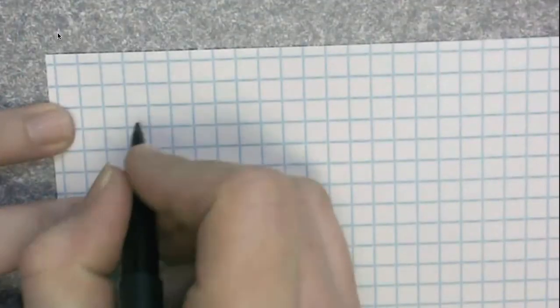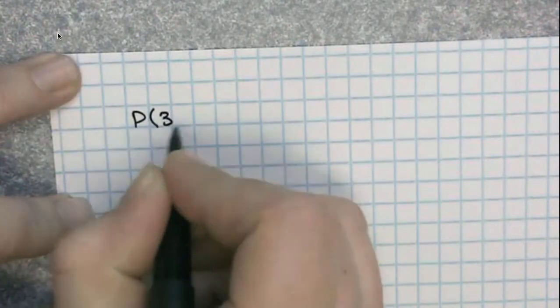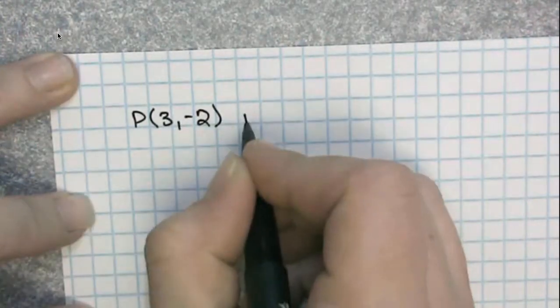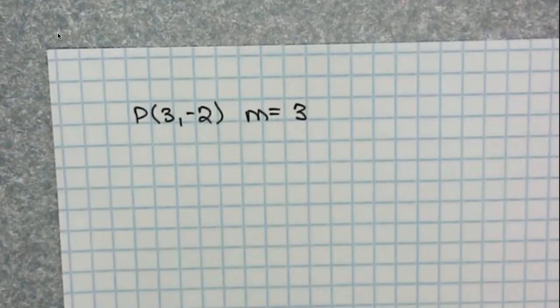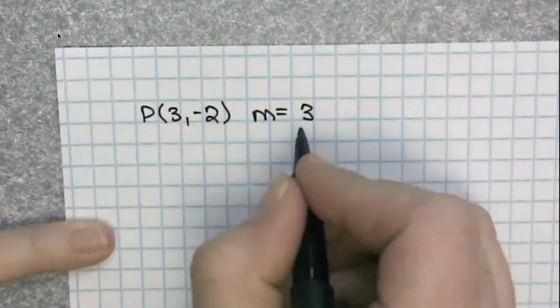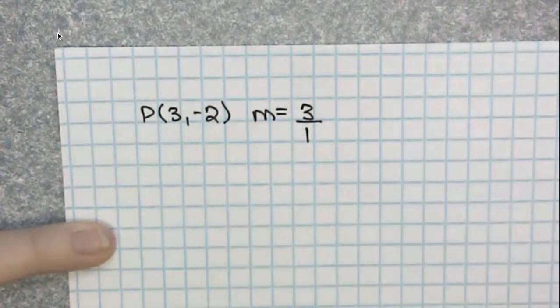So our point is 3, -2, and our slope is 3. But slope needs to give me directions that are up and down over left to right. So if I don't have anything telling me what to do, I can always put a 1 under it.